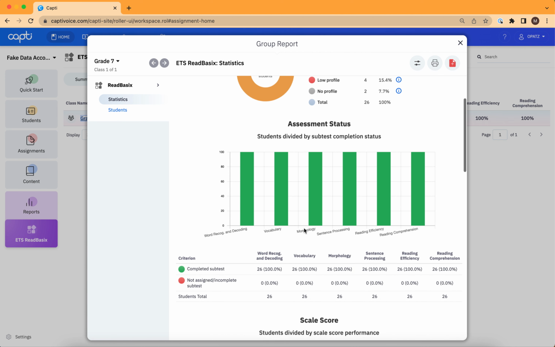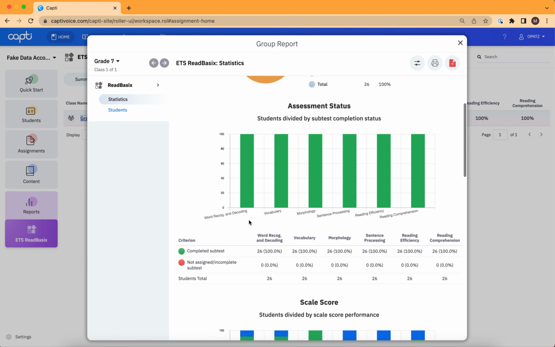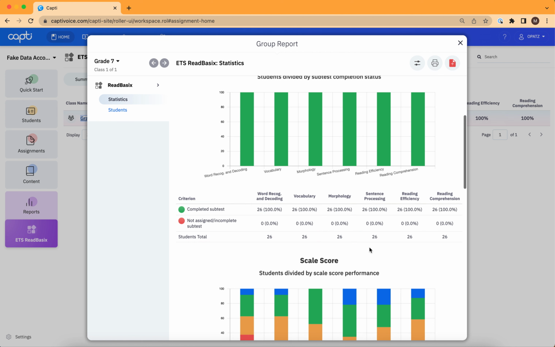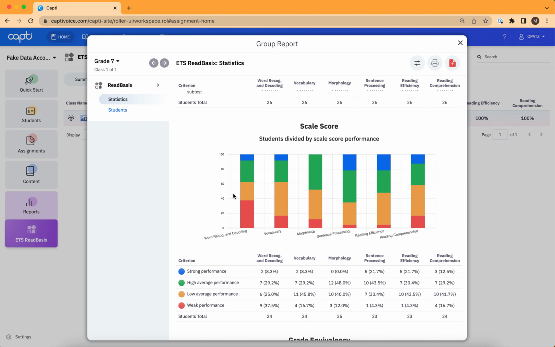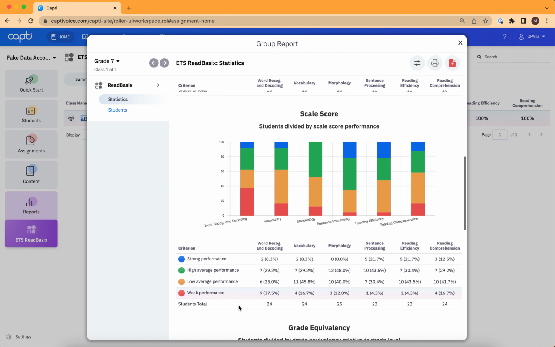So as I'm looking at this global picture, I'm seeing that students have all completed every subtest. So all 6 subtests are complete for this class of students. I can see the subtest and the absolute scale score and see the number of students who performed at the strong, high average, low average, and weak performance.